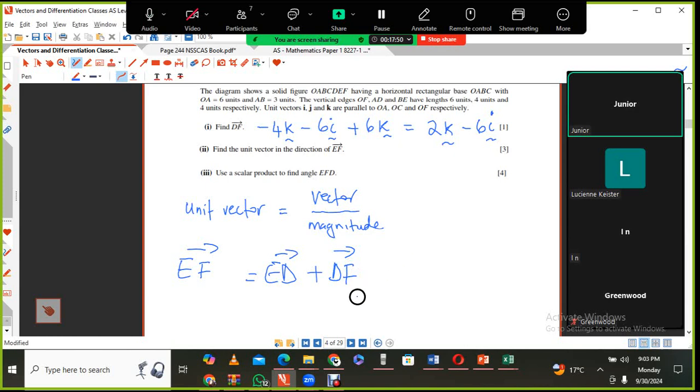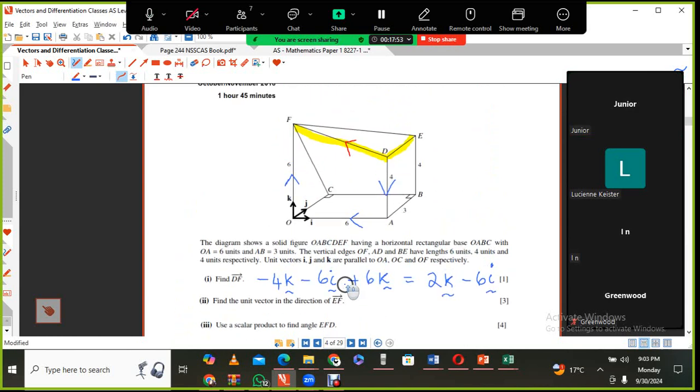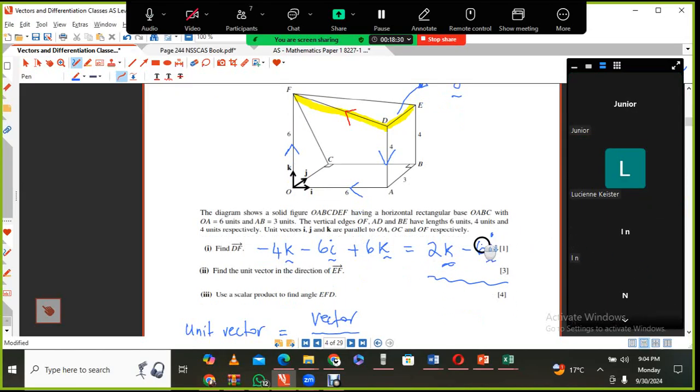So how do you find ED? Let's go back to our diagram. ED. It's 3, the same like this one. But it's going against the J. Negative, so it's minus 3J. You agree? And DF already determined from our answer here in this part. So we're just going to use that answer.